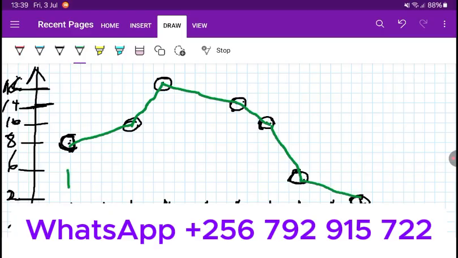You don't connect like this, no. You connect in the way it is flowing. If it is flowing like this, then that's how you connect. Even this side you connect like that. In the shape it is taking, so you follow the shape, not just using a straight line just to connect from where you have plotted the first plot. You just connect depending on how it is flowing.